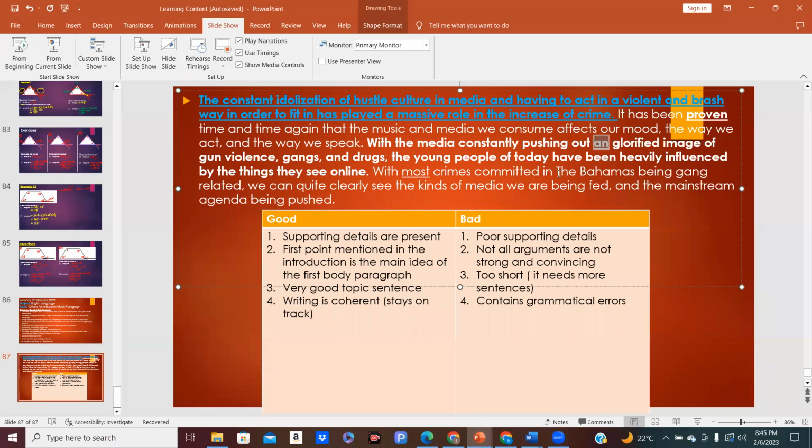With most crimes committed in the Bahamas being gang related, you can clearly see the kinds of media we are being fed and the mainstream agenda being pushed. This is a concluding sentence. I like that she has that. She does have a good concluding sentence, even though it's an exaggeration.